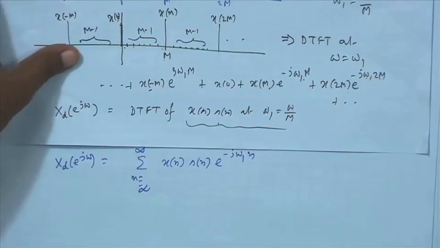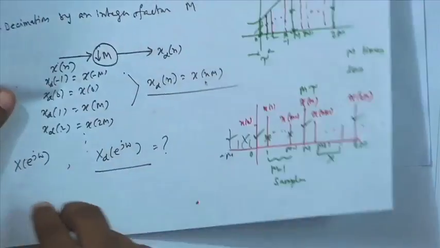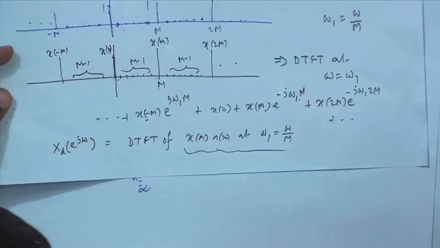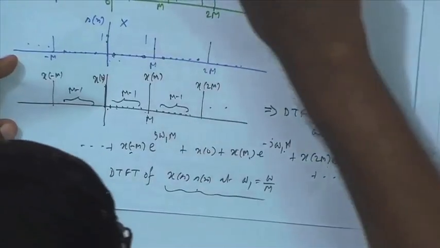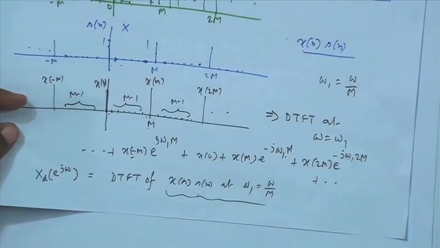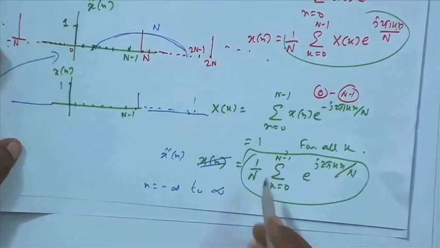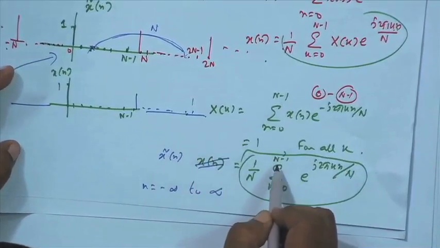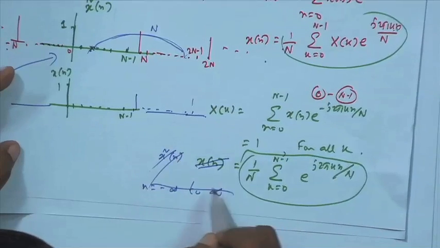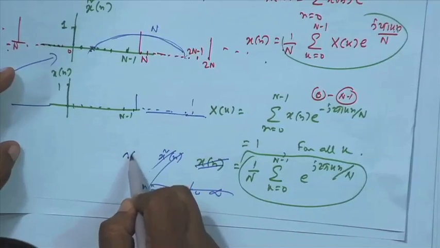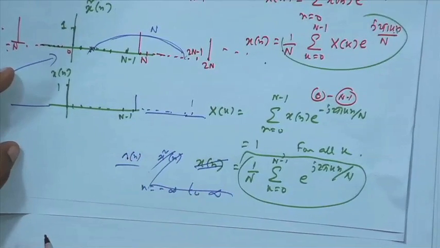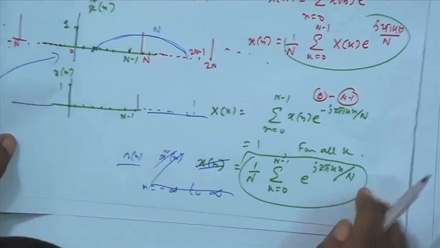Now, S n, I told you the sampling sequence can be represented in this manner. That time it was called x tilde, the same thing I am calling S n now. The S n can be represented like this.